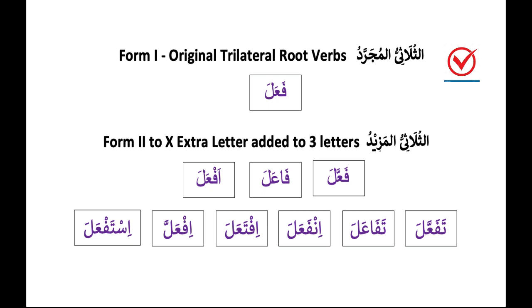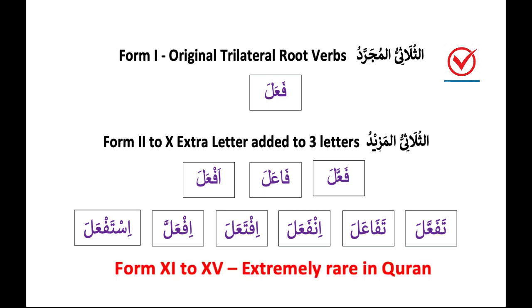It is important to remember that most commonly used verbs in the Quran are between form 1 and form 10. There are 5 more other forms of Arabic verbs, form 11, 12, 13, 14, 15. But they are extremely rare in Quran and we shall not discuss them at all.